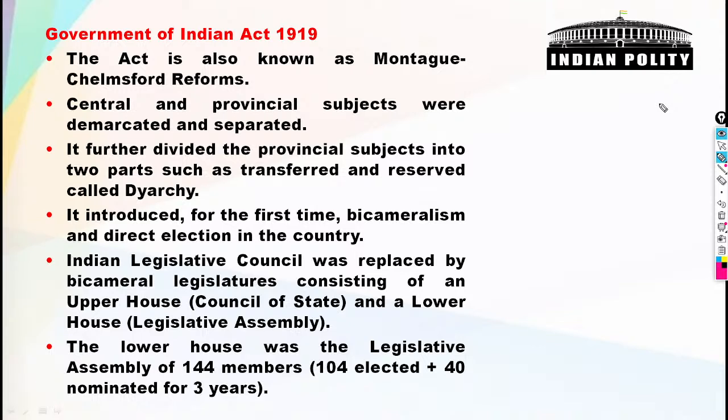The task of implementing the policy declared in 1917 was assigned to Secretary of State Lord Montagu and Governor General, Viceroy of India, Lord Chelmsford. The report eventually formed the basis of the Government of India Act 1919. Hence, it is known as the Montagu Chelmsford Reform Act.